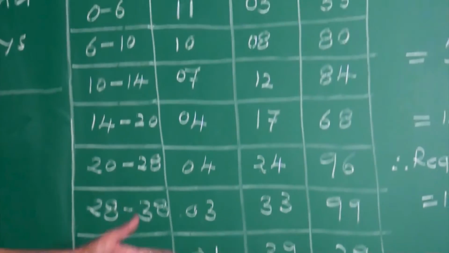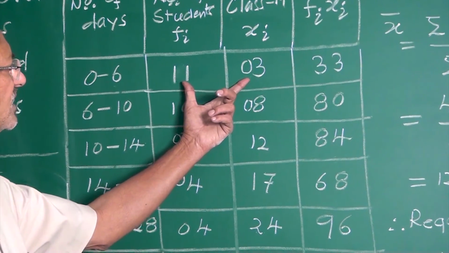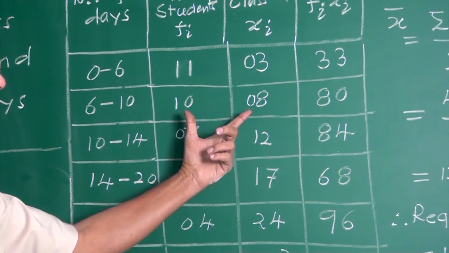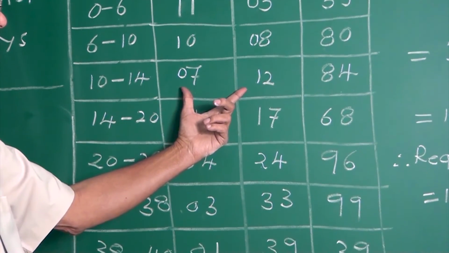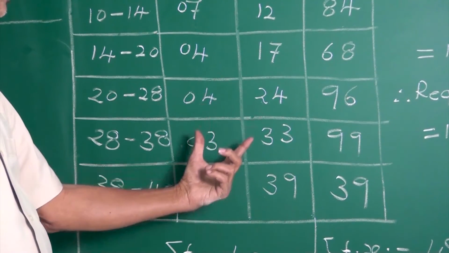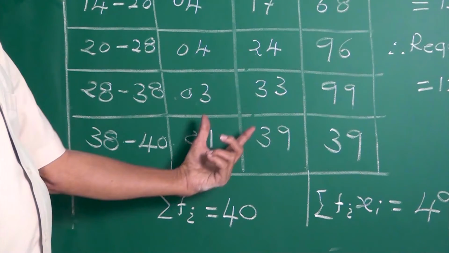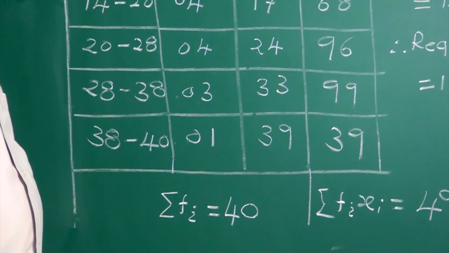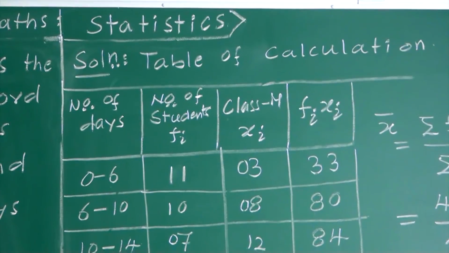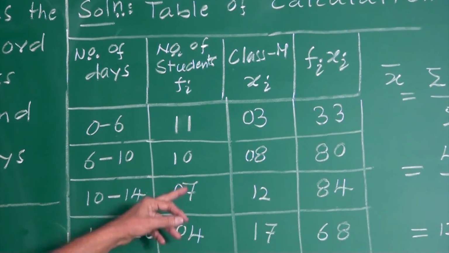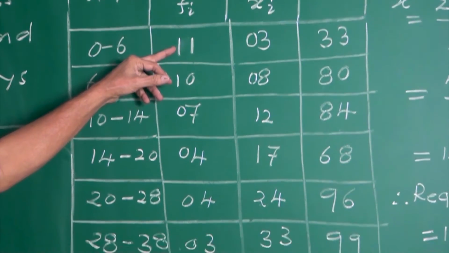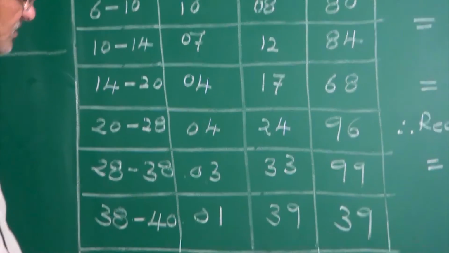What is the next column? fi into xi, the product. 11 into 3, 10 into 8, 7 into 12, 4 into 17, 4 into 24, 3 into 33, and 1 into 39. This is sigma fi: 4, 8, 12, 19, 20, 3, 4, 40 it is.